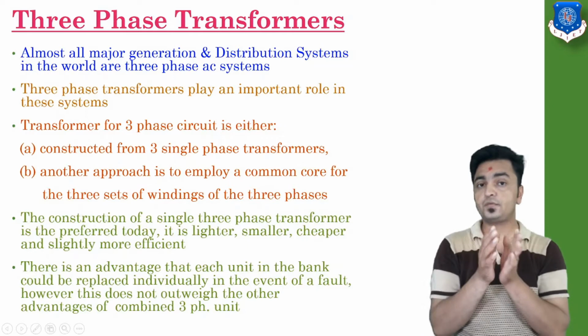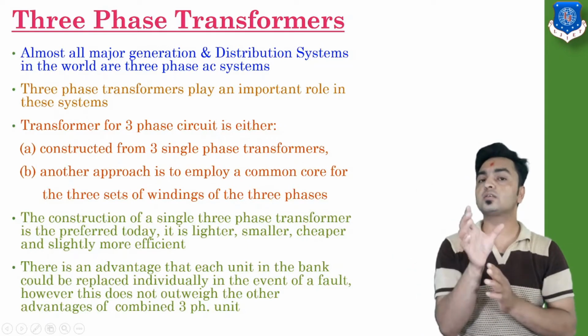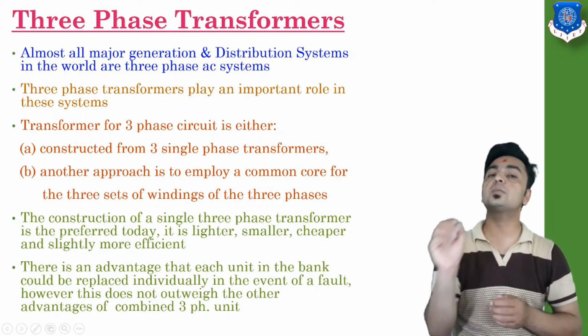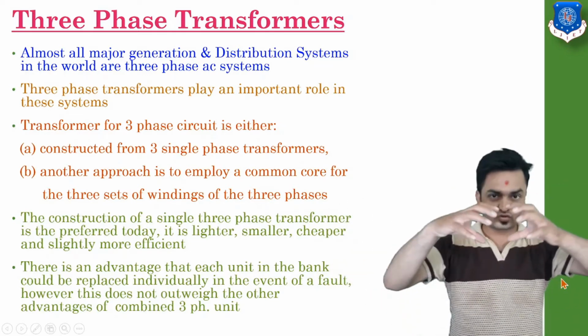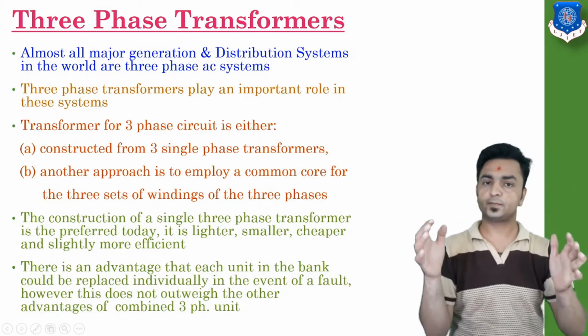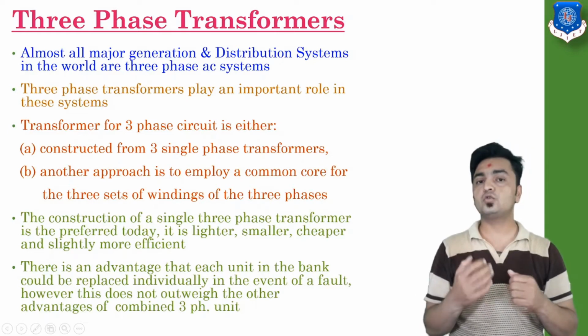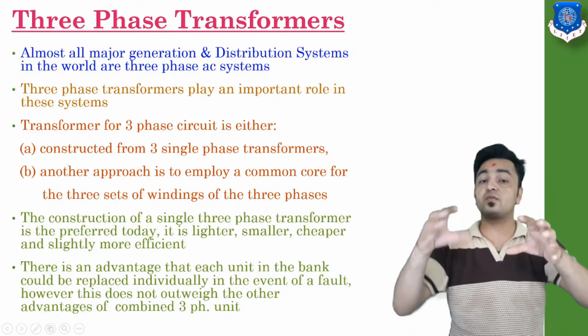If we use three single-phase transformers, three individual bodies, they are known as three individual banks. By combining those three banks into one common body, we form a three-phase transformer. What is the advantage of combining three banks of single-phase transformer?